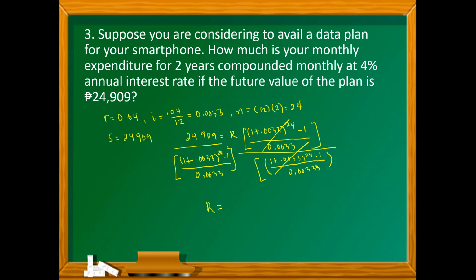After doing so, we'll come up with 999 pesos and 4 centavos. So this will be your monthly expenditure to achieve this future value of the plan amounting to 24,909.